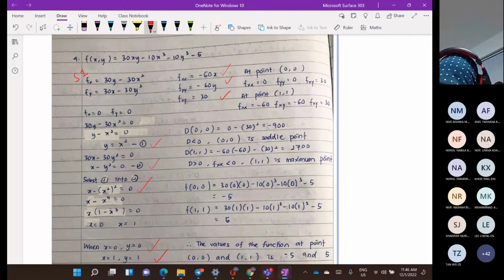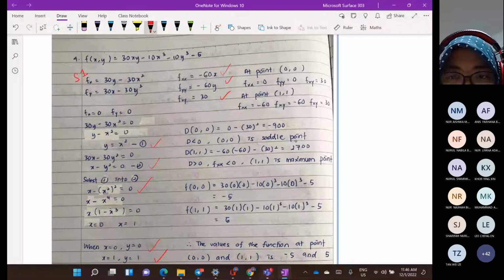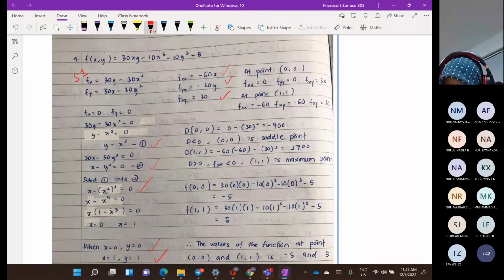And then dia nak cari the nature of the point tu, dia guna yang D test tu. So D at (0, 0) dia buat fxx fyy minus fxy squared, dia dapat negative 900. So disebabkan D dia less than 0, dia dapat saddle point. So (0, 0) ni ialah saddle point.